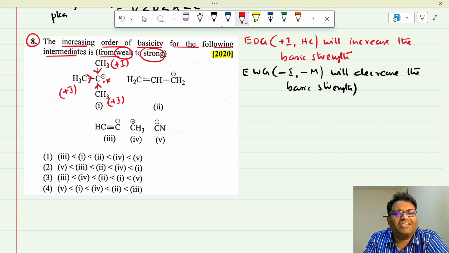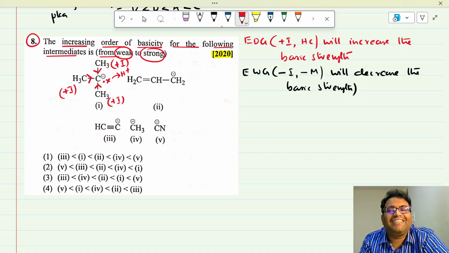When the electron density increases, it can donate the electron density to H plus. Effectively, more the availability of electron pair, more the availability of electrons, more the tendency to donate. That's it.